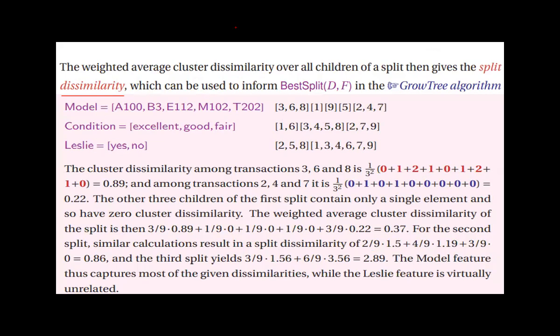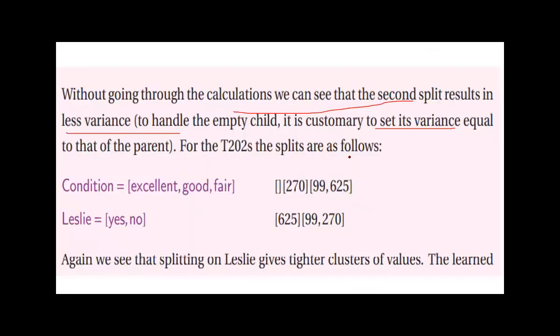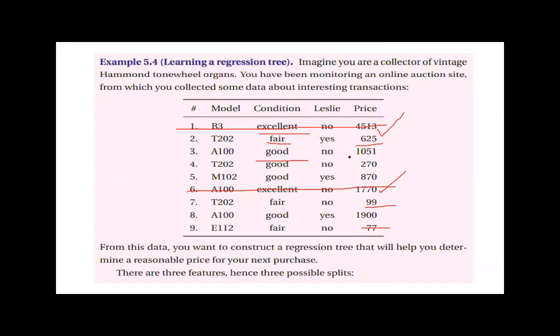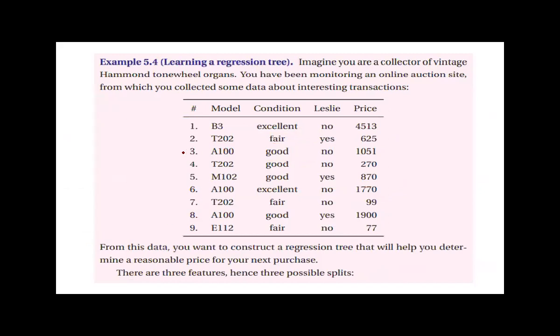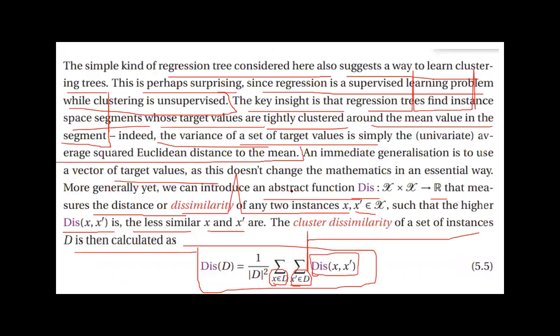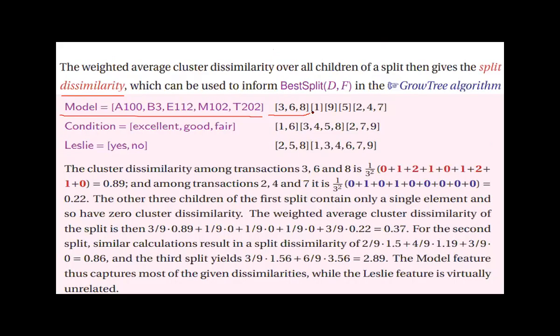For example, if you consider model A100 B3, what are the relevant positions there? A100 is 3, 6 and 8, so we are writing that as 368.